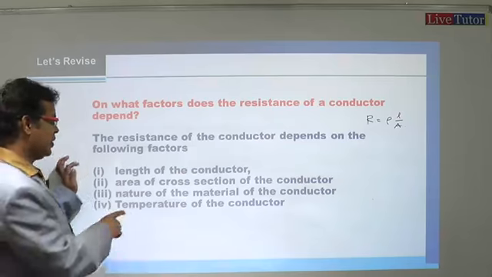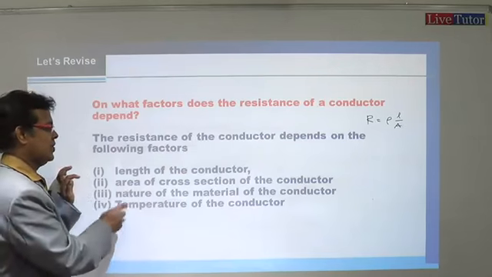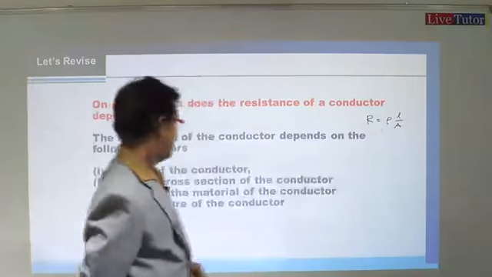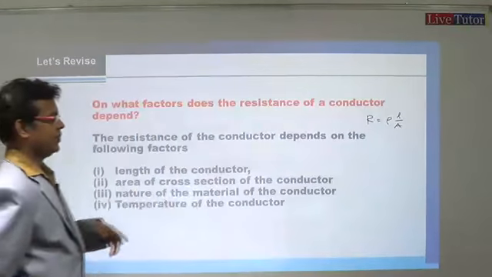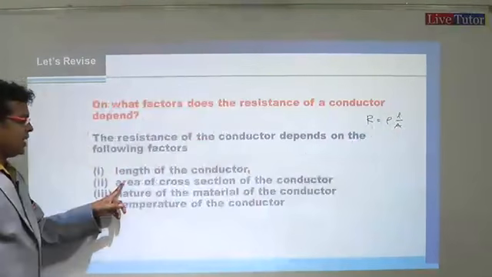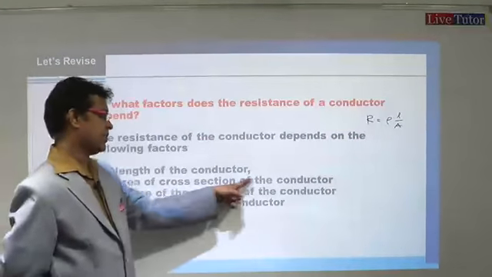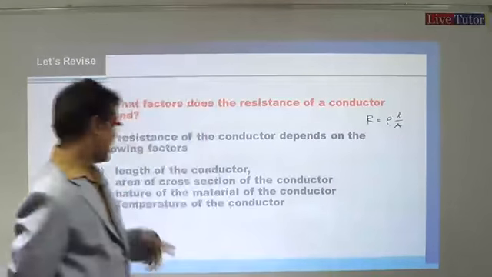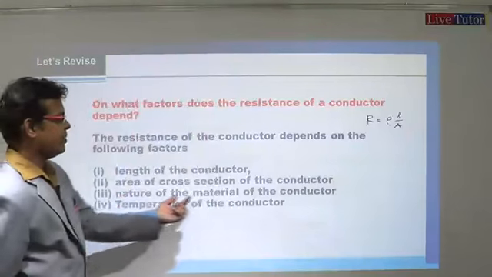So we are adding that point also as one of the factors. So what are the factors? From this formula we can say the length of the conductor L, first point. Then area of cross section of the conductor, area of cross section A, is inversely proportional to A. And then nature of the material of the conductor.